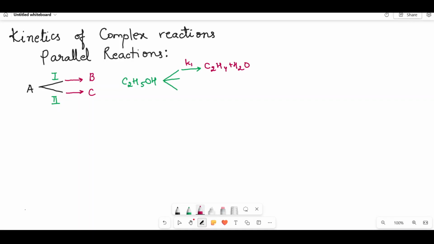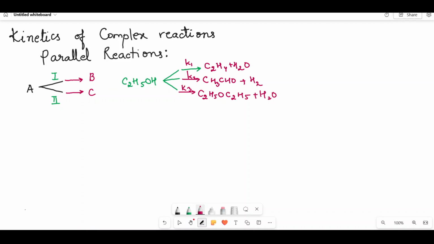The second, in which it may form an aldehyde, ethanol along with hydrogen, or it may form an ether along with water.